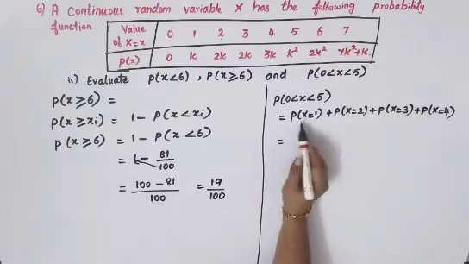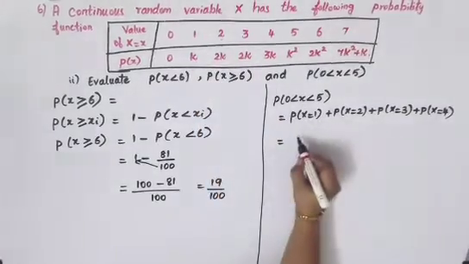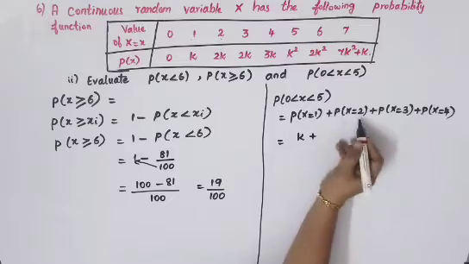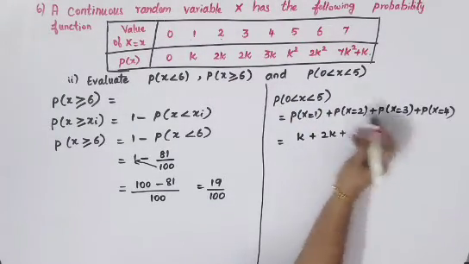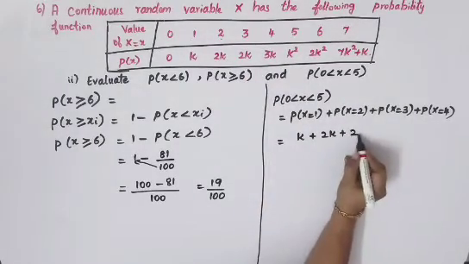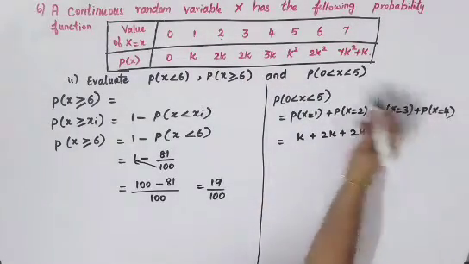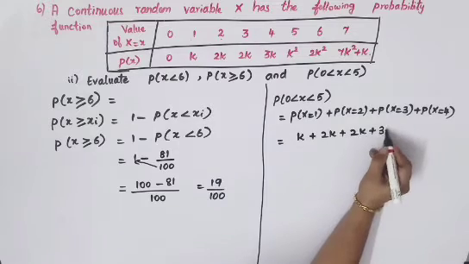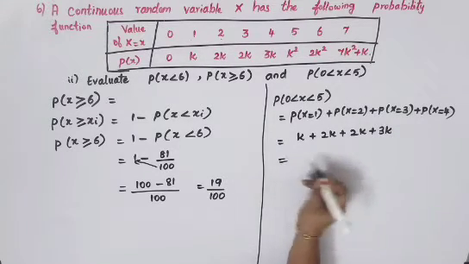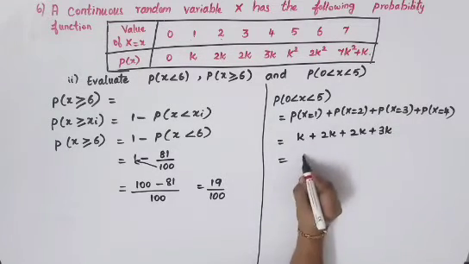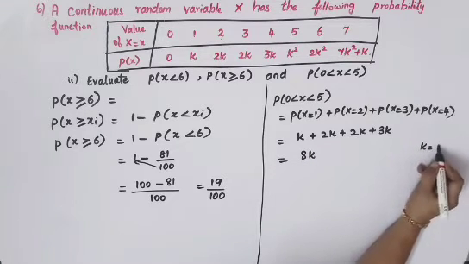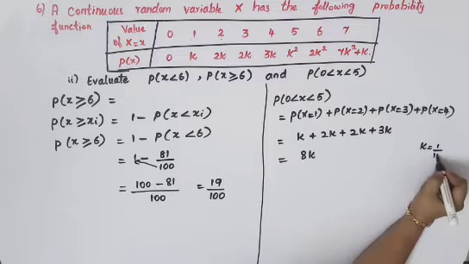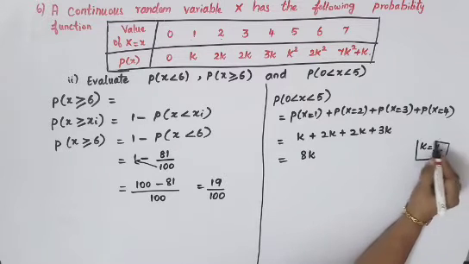When X=1, your value is k, plus X=2 means 2k, X=3 is again 2k, X=4 is 3k. Now add all these values, you will get 3, 5, 7 and 8. So 8k, but you know your value of k, you got it before, it is 1 by 10. So substitute this value of k here.